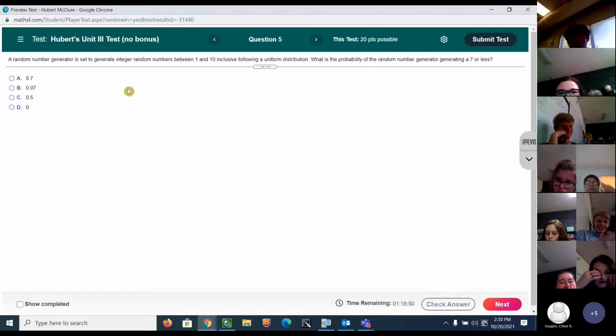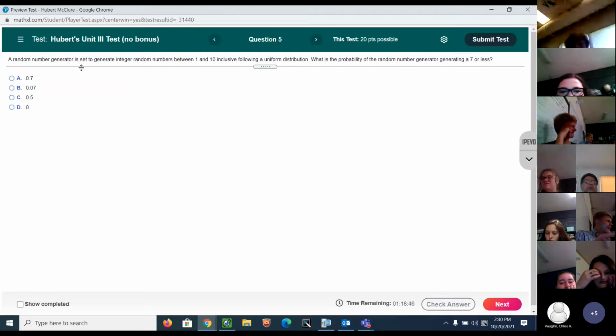Well, you got 10. A random number generator is set to generate integer random numbers between 1 and 10, following a uniform distribution. What is the probability that a random number falls on 7 or less?